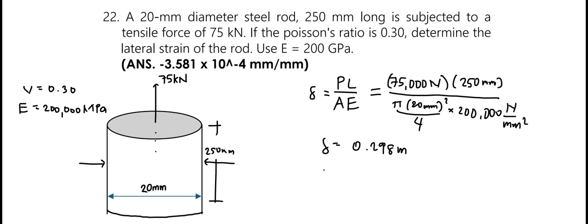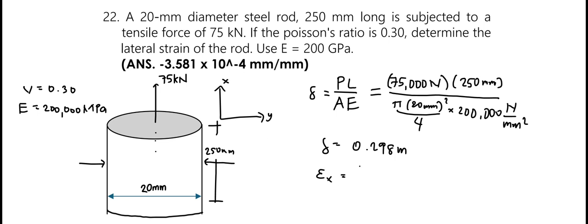Now let's solve for the strain along the longitudinal direction. Let's set the strain along the longitudinal direction be E sub x, and the lateral direction be E sub y.